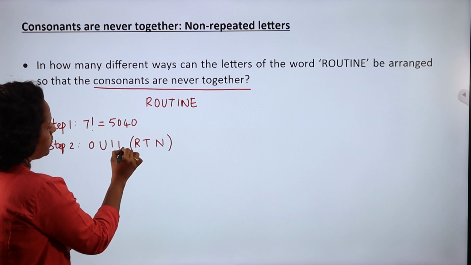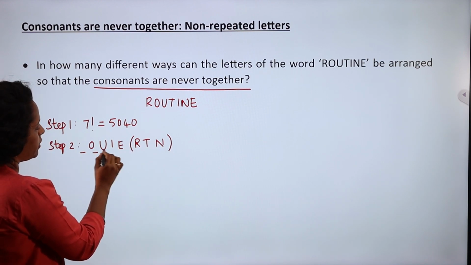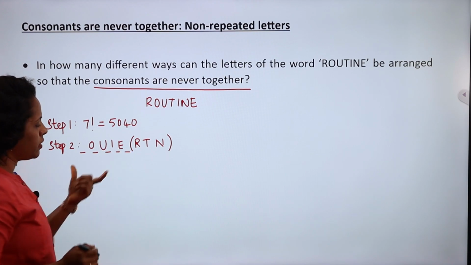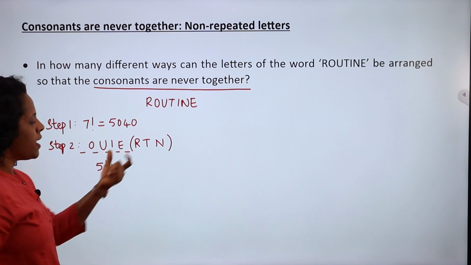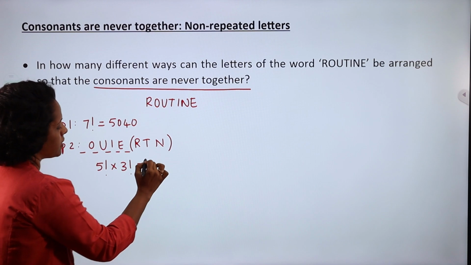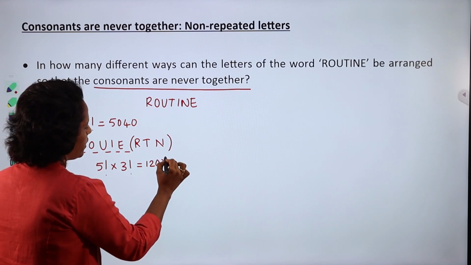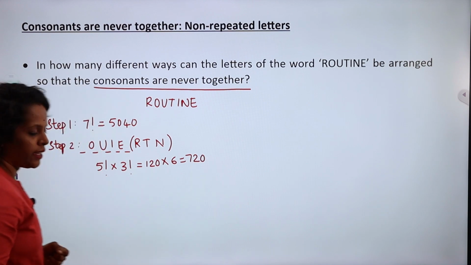O, U, I, E. Now this set of R, T, N can come here or here, here, here or here, in any of the 5 places. That can be done in 5 factorial ways. And these 3 letters can be arranged themselves in 3 factorial ways. 5 factorial is 120, 3 factorial is 6, which is 720.